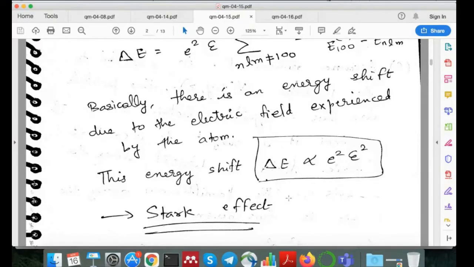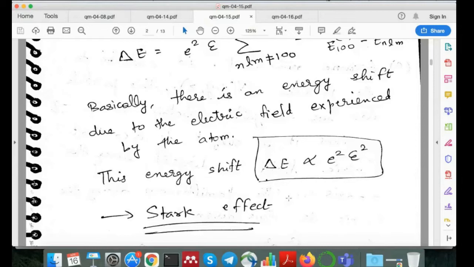Okay, and in the Zeeman effect, if you recollect, you had a splitting of the energy levels. Initially, without a field, all the m levels were at the same energy. But once you apply a magnetic field, then the m levels split into three or five, depending on how many m levels there are.